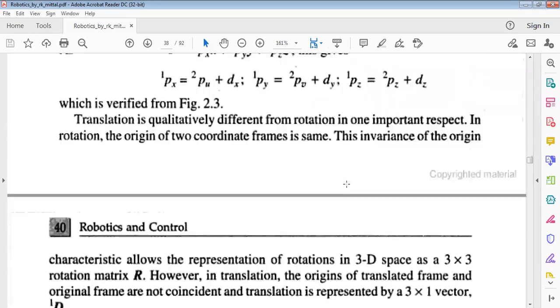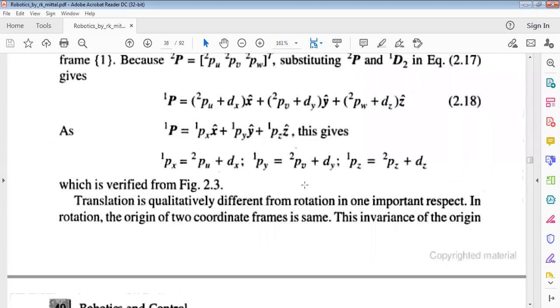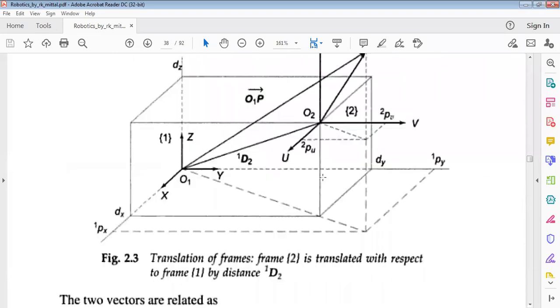Here I want to introduce homogeneous transformation coordinates. In a frame, X, Y, Z are the Cartesian coordinates, so they are orthogonal coordinate axes.